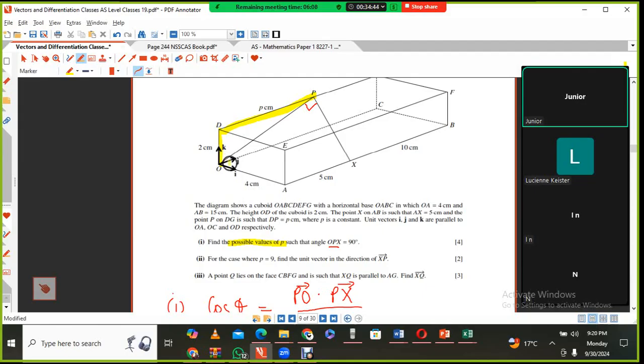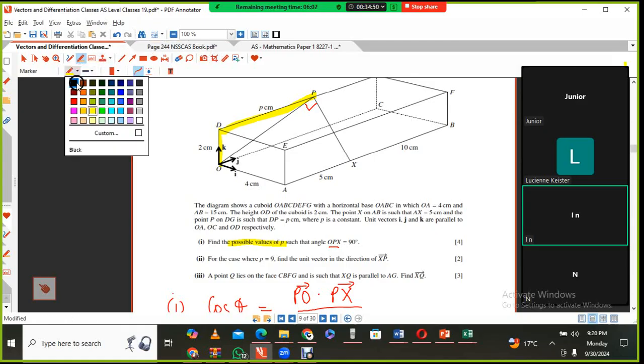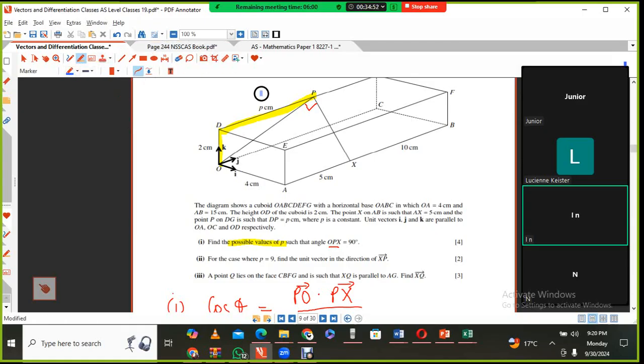Now, I'm going to write this in terms of vectors, in vector form. What is PD as a vector? Because you're going against j.